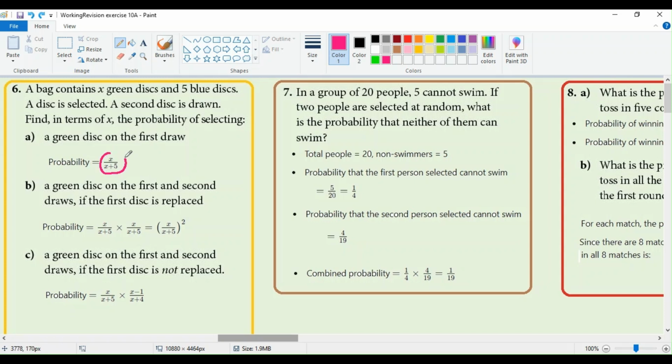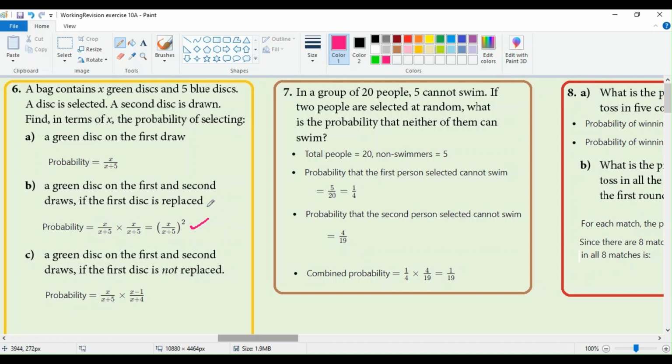So this is going to be the probability of getting a green disc since we have no idea how many green discs there are. Then comes a green disc on the first and second draw if the first disc is replaced. Replaced means you are multiplying. So when you multiply this by itself, it's going to give us x over x plus 5 squared. So this is going to be the answer for this part of the question.